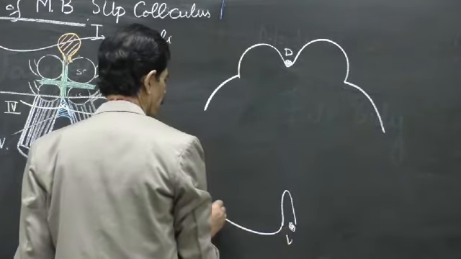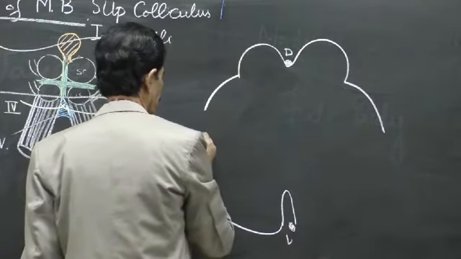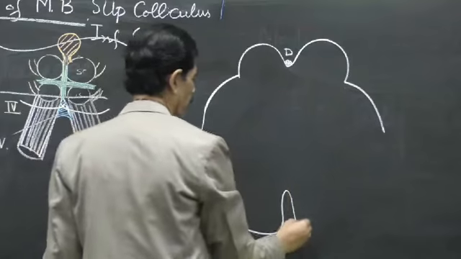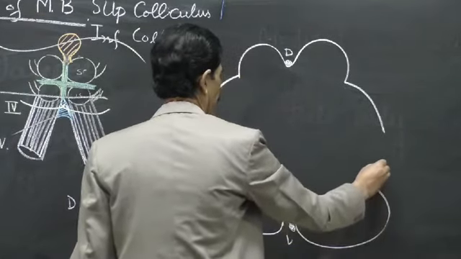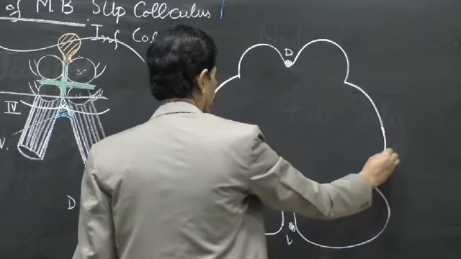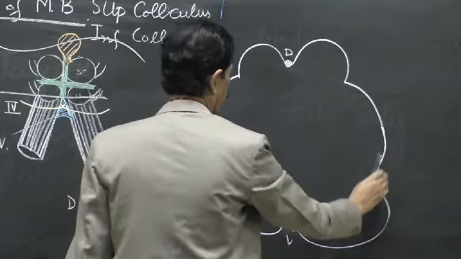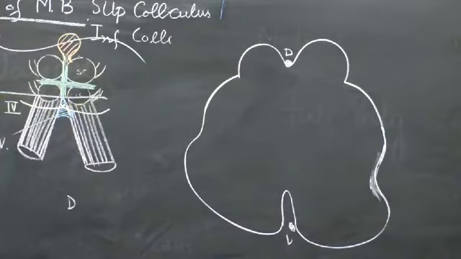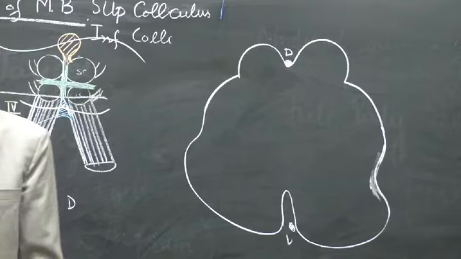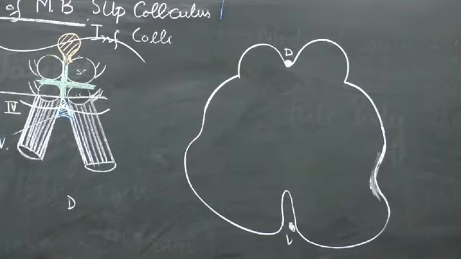In the cut section, the crus cerebri are visible like this. So this is the outline we have drawn with the help of the ventral and dorsal surface of the midbrain. Then we fill inside.